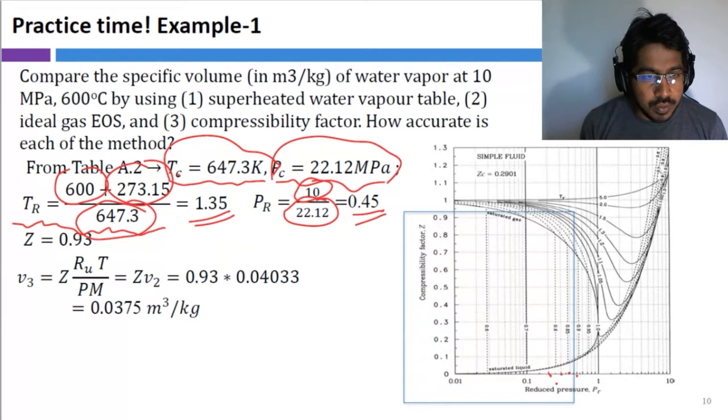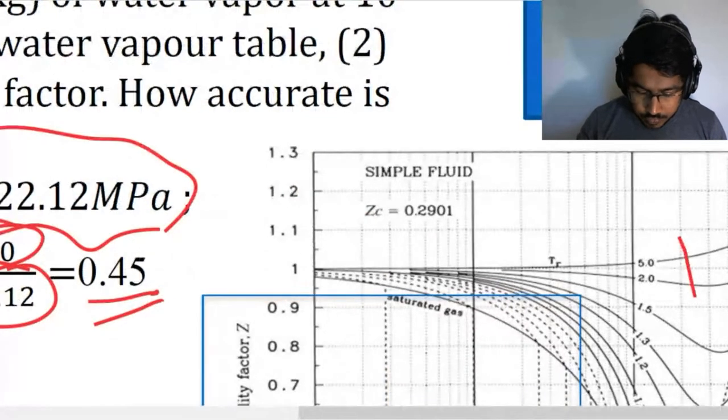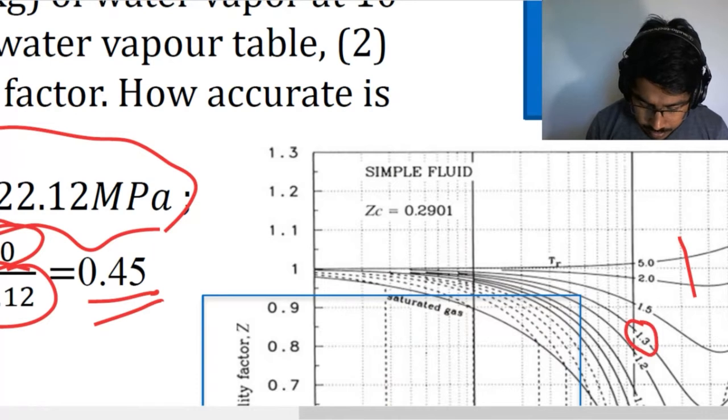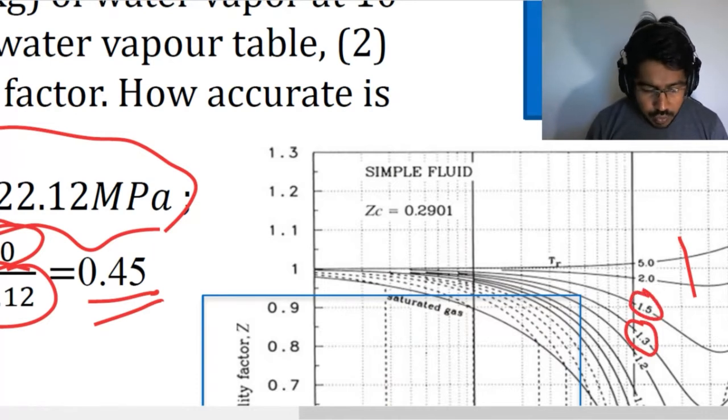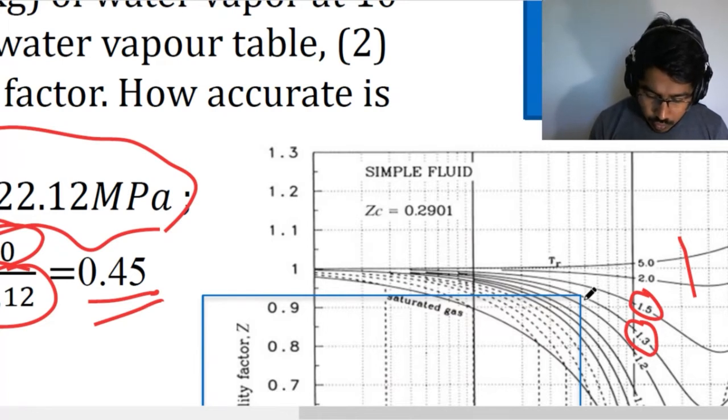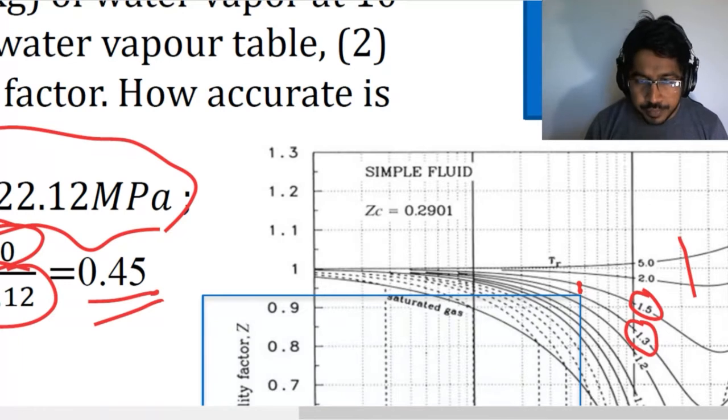So there, now we need to locate our reduced temperature, right? When we look at the figure here, let me zoom it for you. Now you can see we have 1.3 and 1.5. Our reduced temperature reading was 1.35, but at this point I just picked 1.3, because from 1.3 to 1.5 there's this small gap here.